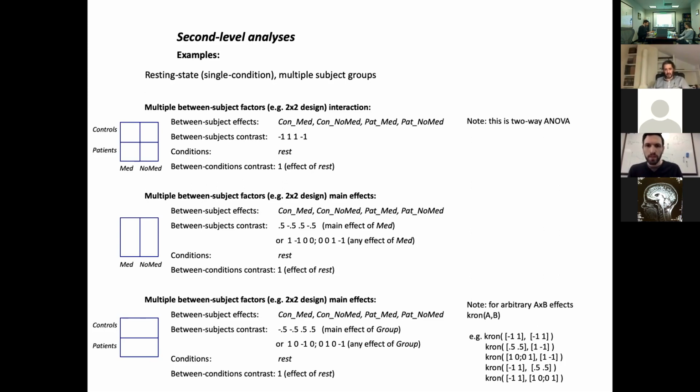Okay. Make sense? Yep. And then the second question I had was, does the effect of a covariate have to be significant before putting it into the model?